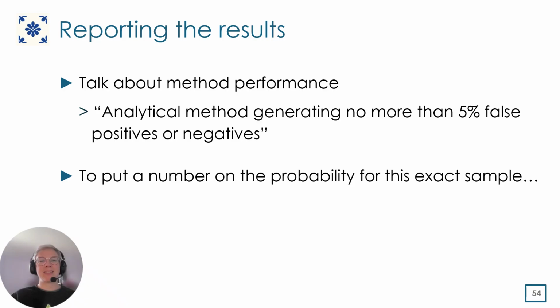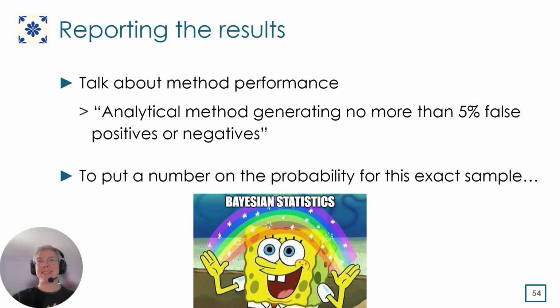But the thing is that if you want to go further, if you want to really put a number on the probability that the result for this particular sample is right or wrong, it will be much more complicated. To talk not in terms of the method as a whole, but in terms of this specific sample, you're going to need to use Bayesian statistics. And do we have another hour in front of us?